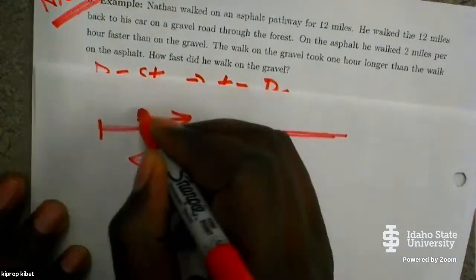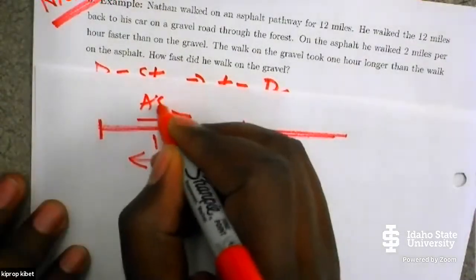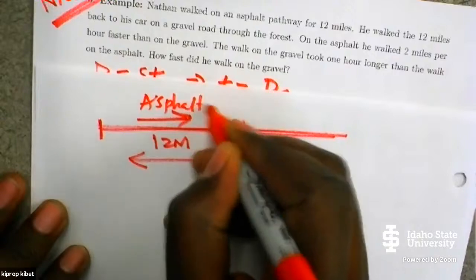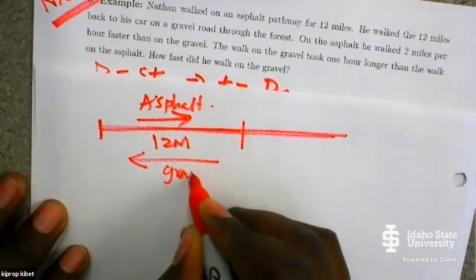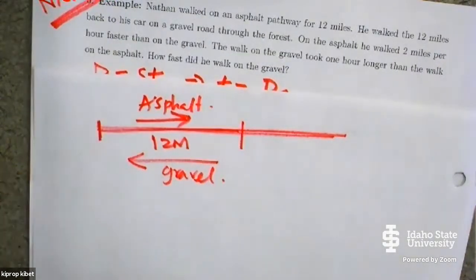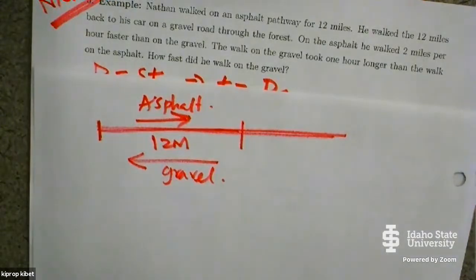So let's say this one is asphalt, and this one is gravel, through the forest. Of course, the speed will reduce when you go through the forest, right?